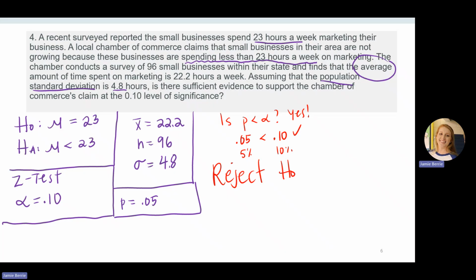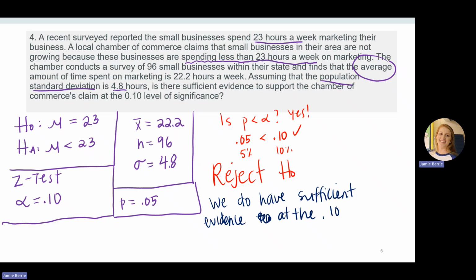And let's write our interpretation. We would say something like, we do have sufficient evidence at the 0.10 level of significance to suggest, got ahead of myself there for a second.